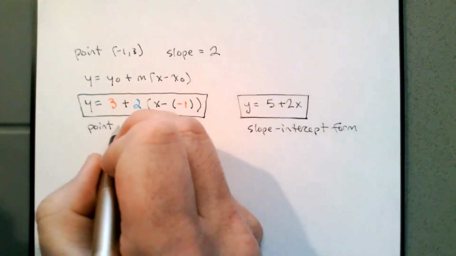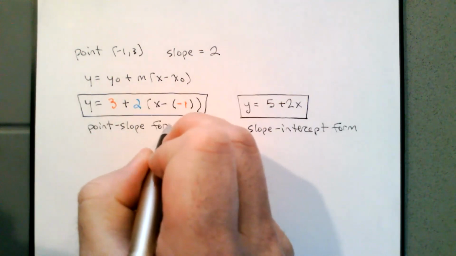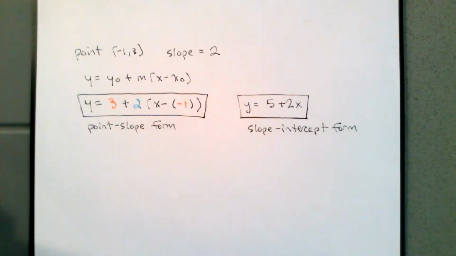And what I was using was the point-slope form. I picked point-slope form because the point that I was interested in is not the y-intercept. I was not interested in what was going on when x is 0. I was interested in what's going on when x is -1. So I just went with point-slope form because it has the point that I care about.